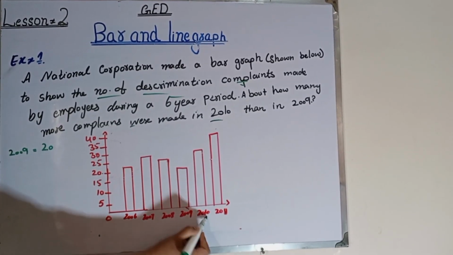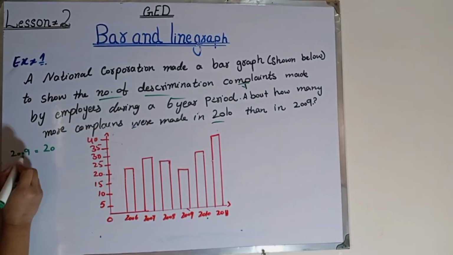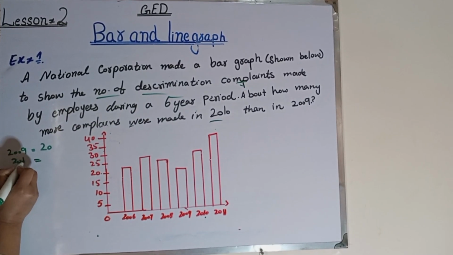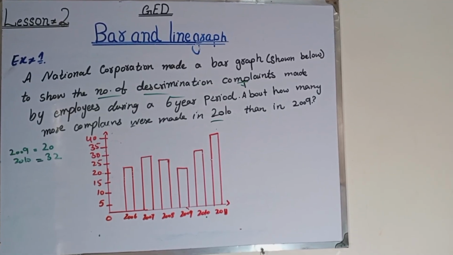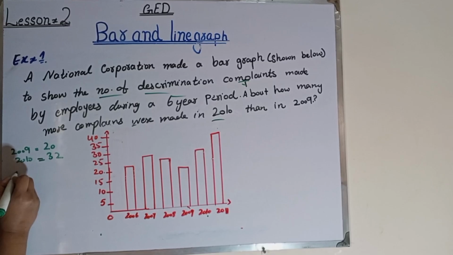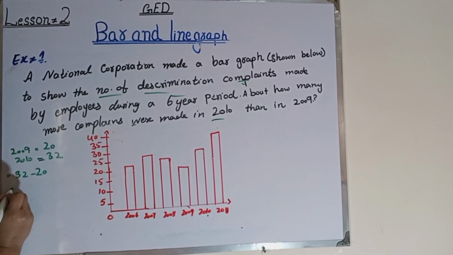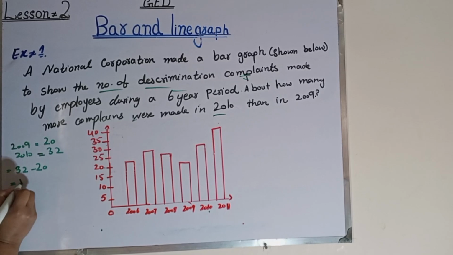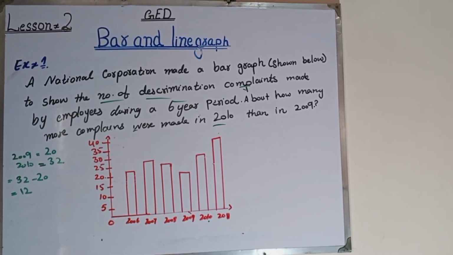In 2010, you can see there are 32 complaints. Now we use the data, subtract: 32 minus 20. When we subtract, there is a 12. There are about 12 more complaints in 2010 than in 2009.